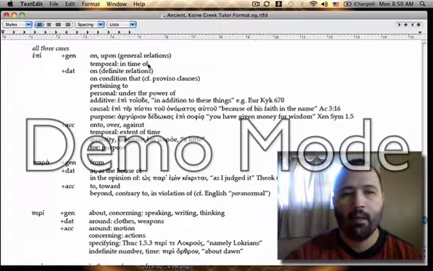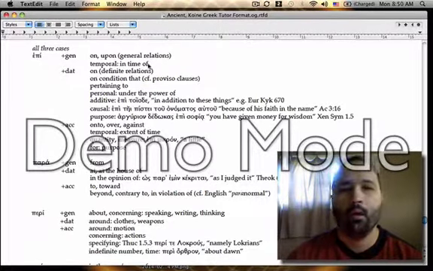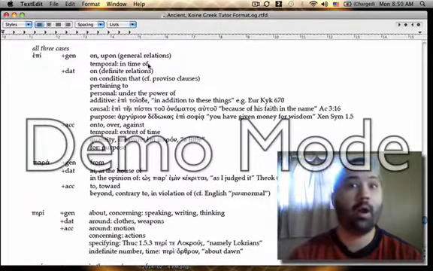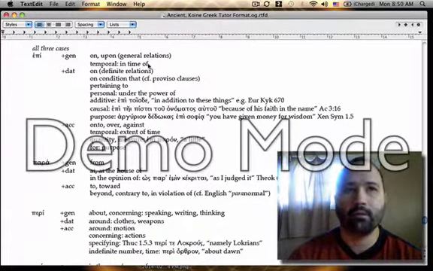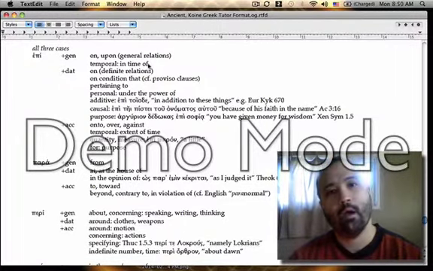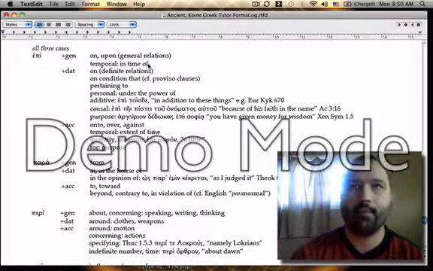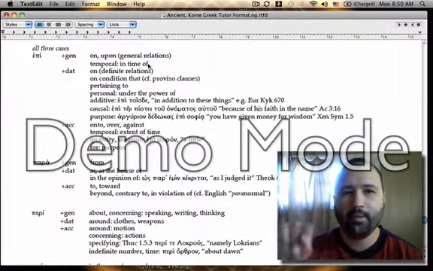If I were to say something like epi ton imeron imon, during our days, or epi tu vasileus irodotu, during the reign of the king Herod. So that's epi with the genitive.